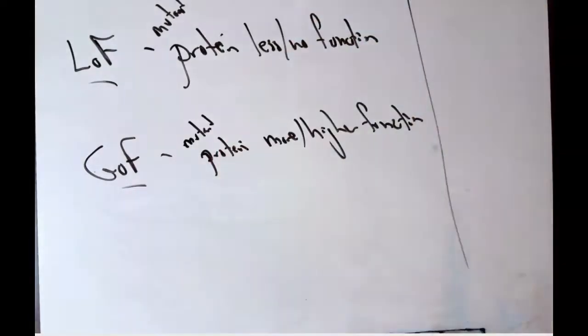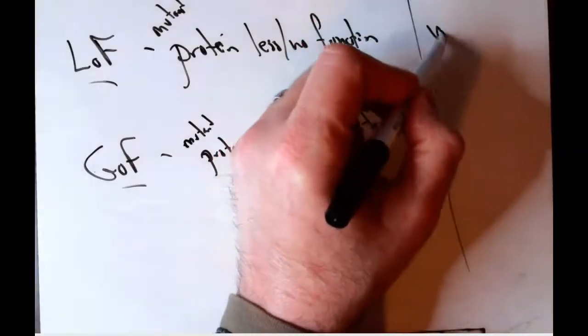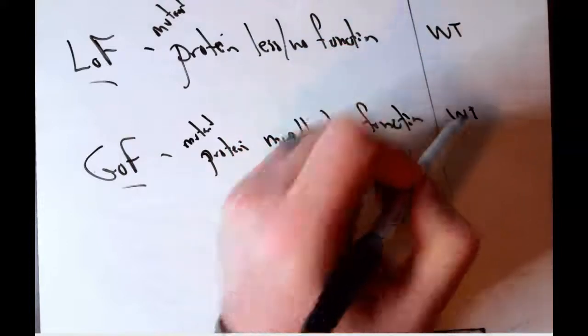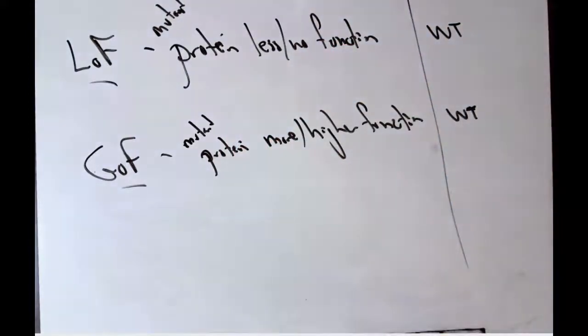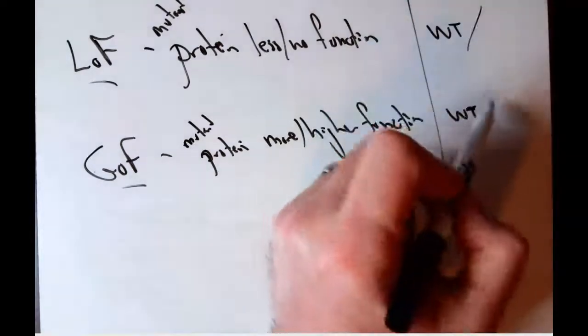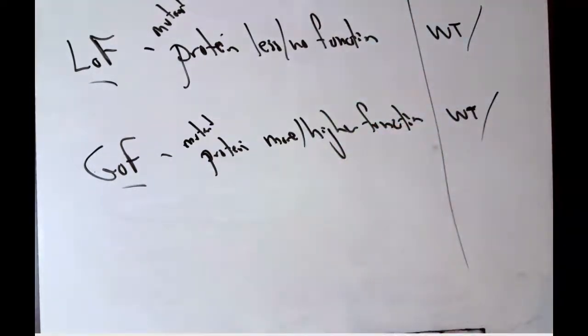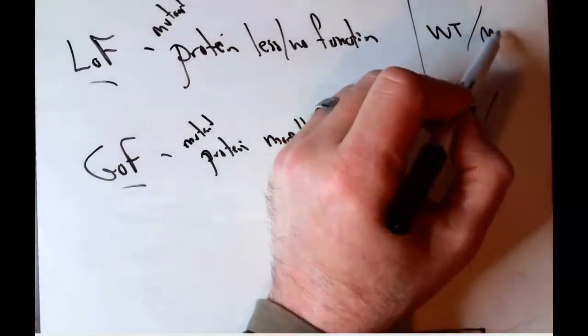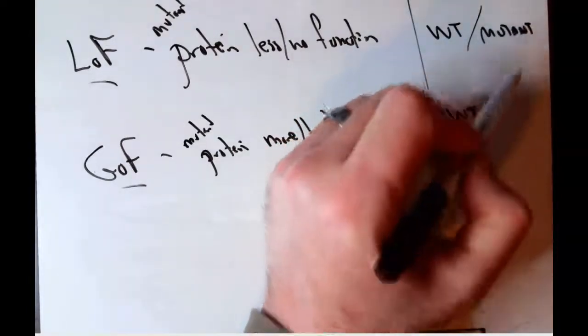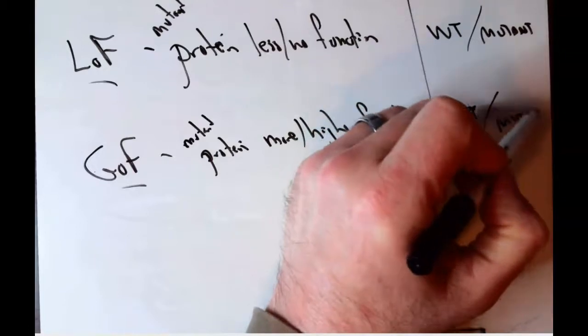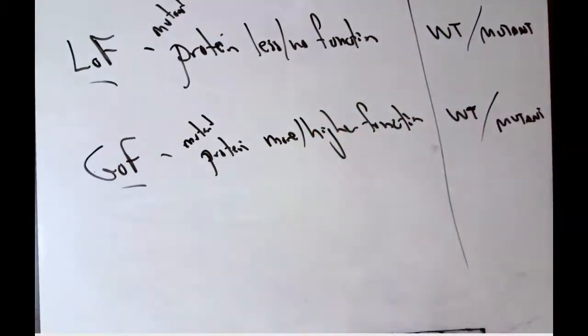Now, this has implications for Mendelian genetics. Imagine we have the wild-type unmutated protein encoded by the wild-type unmutated allele. But we're all diploid. We have two alleles, one from each parent. And imagine that the other allele is the mutant allele. So we've got a wild-type allele and a mutant allele.